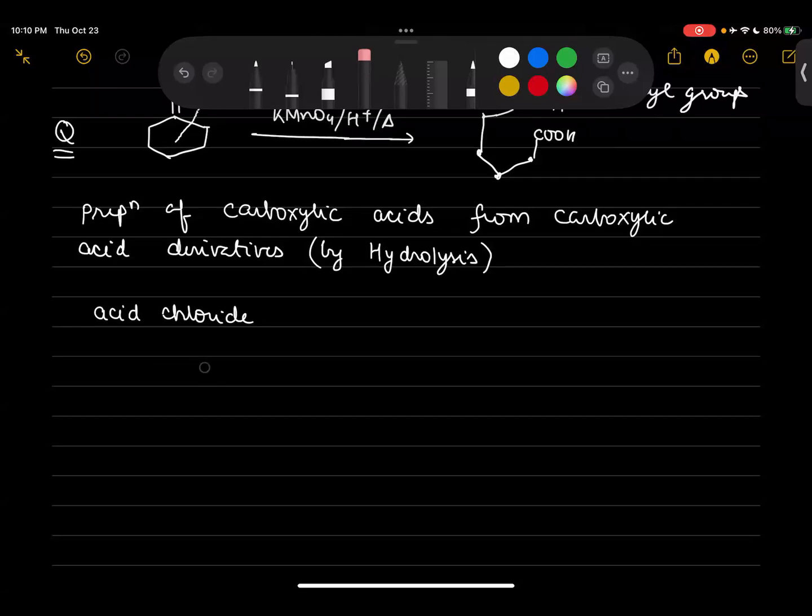which I can generally write in this way.